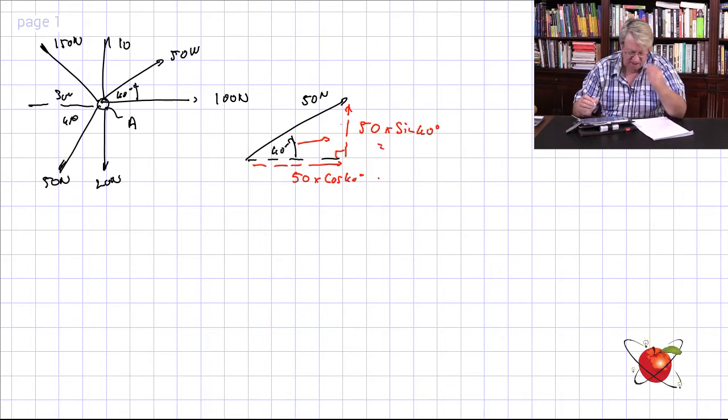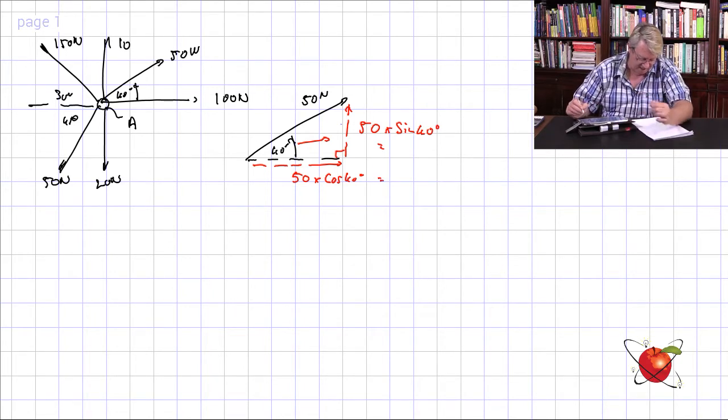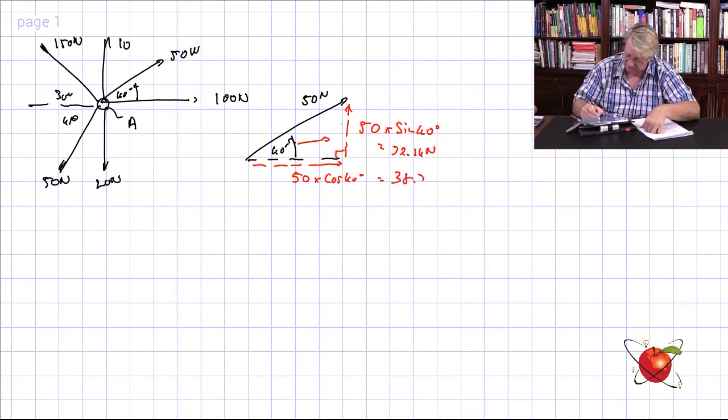And we can work those out. I've already done it, and it's going to be vertical 32.14 and horizontal 38.3 newtons, like so.